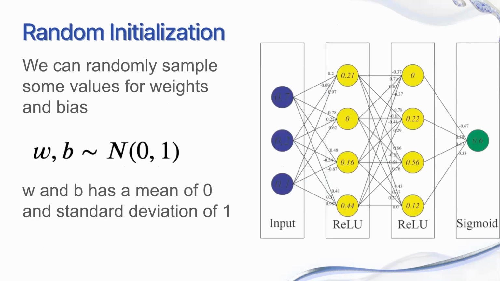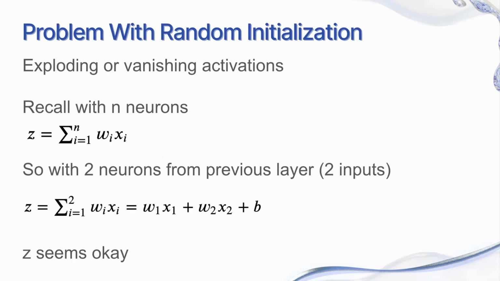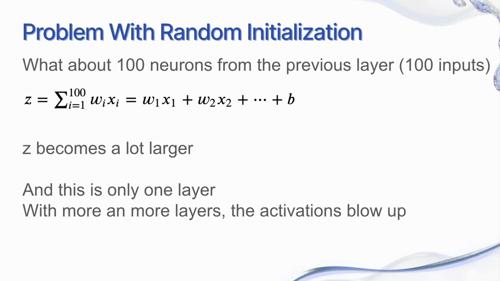So imagine your W values would be like 0.2 or 0.5 or something like this. Your sum Z seems to be an alright value, like 1 or 2, which is okay when you have 2 neurons. But what if you have 100 neurons in the previous layer?